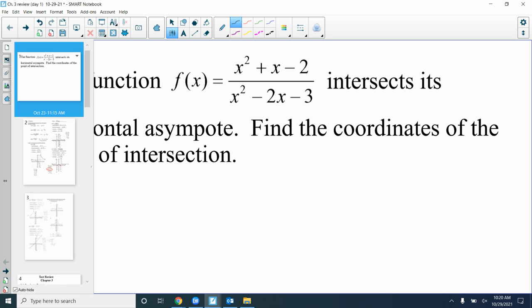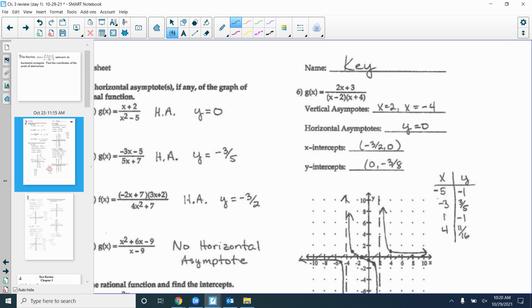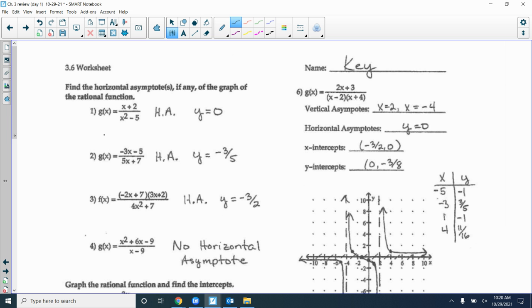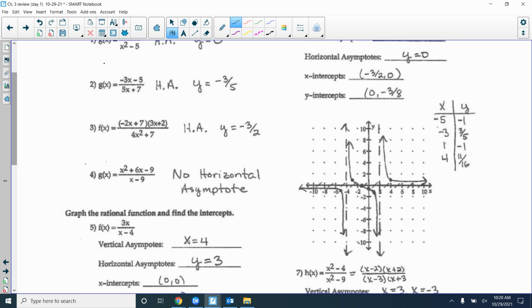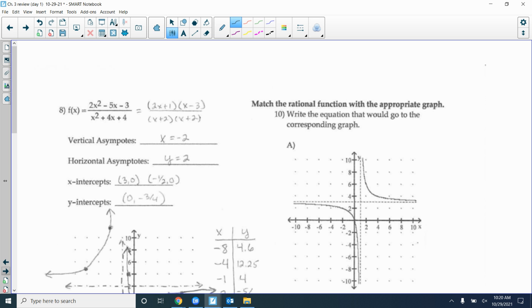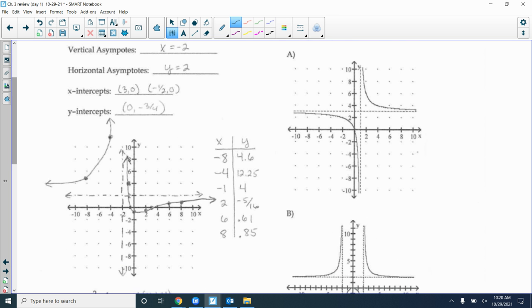So what do we have? The x-intercept is the same as where it lies on the horizontal asymptote. So that one works. If you look at number 8, it does hit the horizontal asymptote. So that does happen.